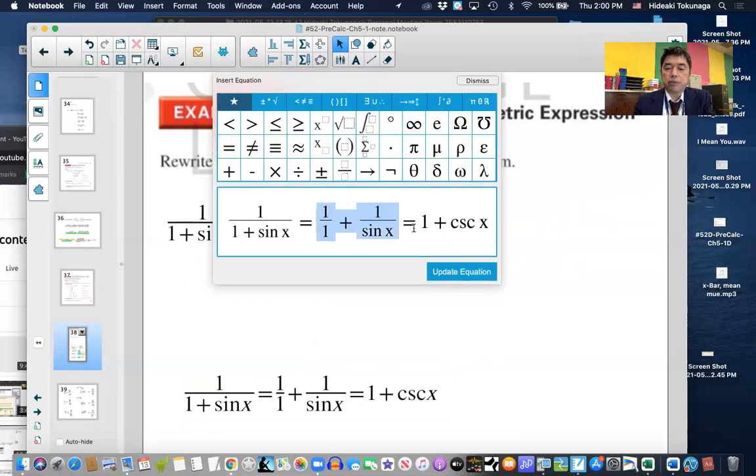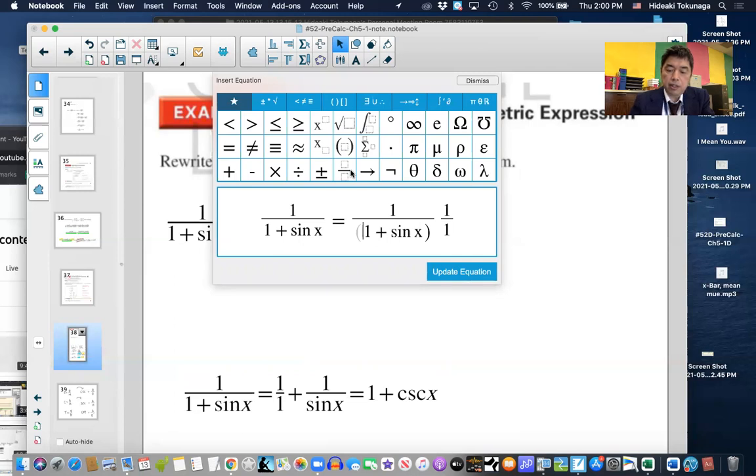So if this is 1 plus sine x, I put the parentheses here. Now you have to multiply by 1 equivalent to this. So if you want to cancel the numerator, it's going to be 1 minus sine x, right?